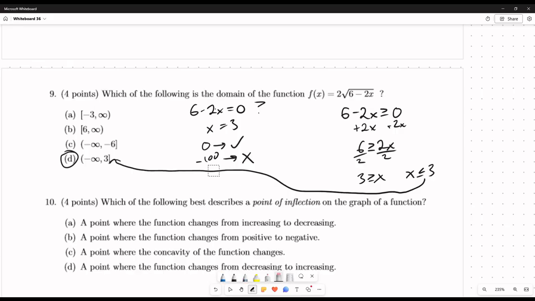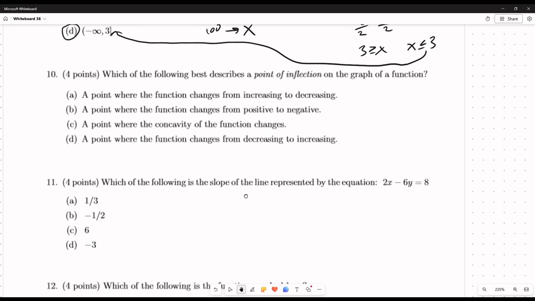If I plug in negative 100, then I'm going to get 6 minus negative 200, which is 6 plus 200. So if I plug in 100, that's bigger than 3. That's going to get me 6 minus 200, which we just said is bad. Okay. So what this shows me is that numbers less than 3 are good, but numbers bigger than 3 are bad, and therefore we want option D.